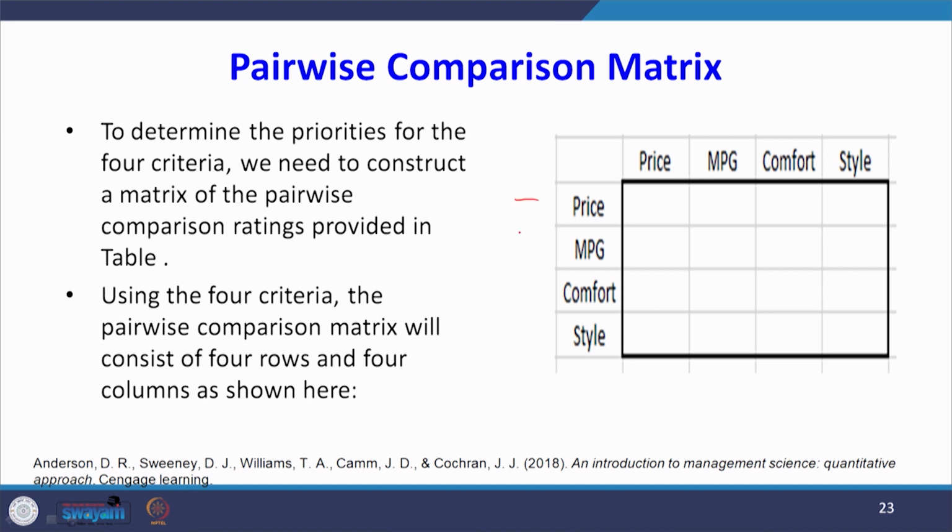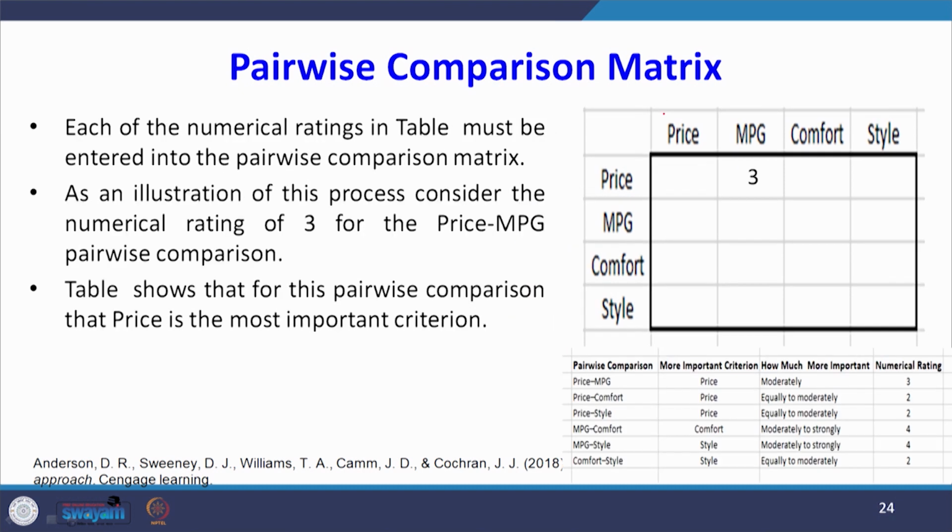Each of the numerical ratings in the table given at the bottom must be entered into the pairwise comparison matrix. As an illustration of this process, consider the numerical rating 3 for the price and miles per gallon. For example, see the first one. When you compare price and miles per gallon, when you do pairwise comparison, the price is more important.